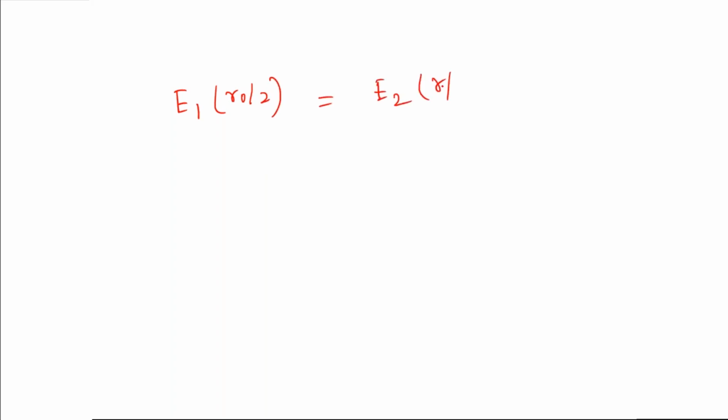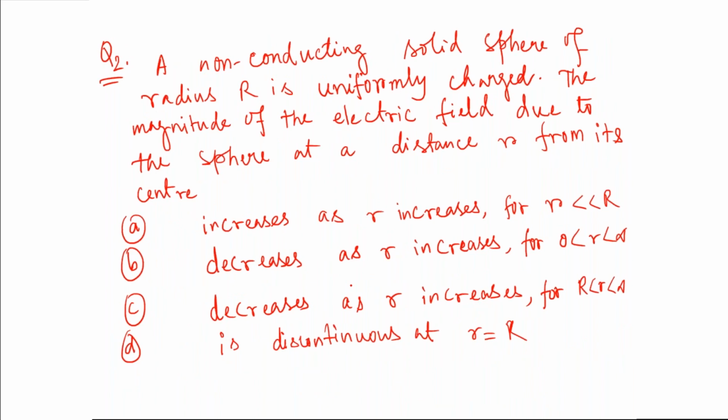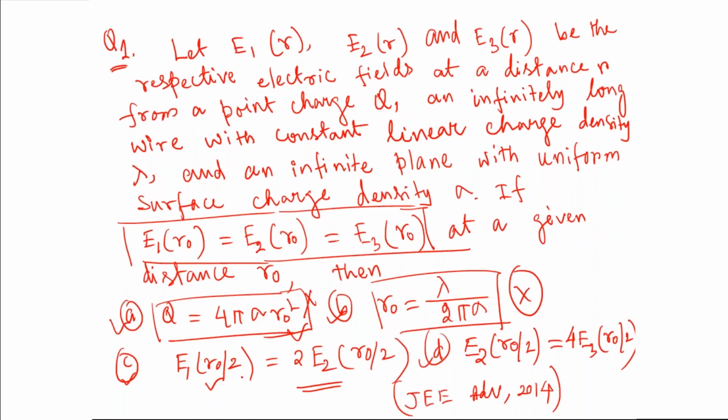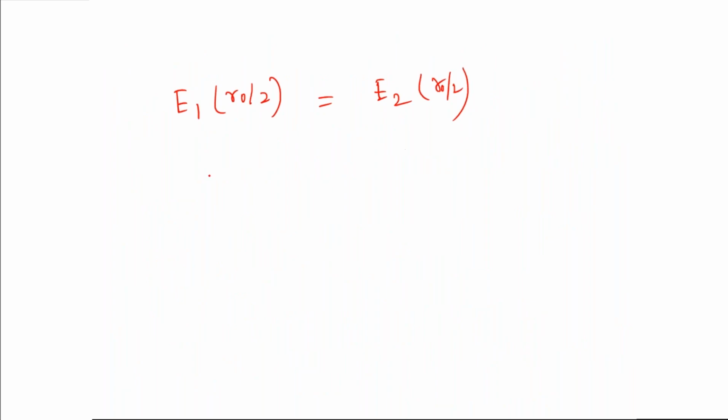As I said, E1 at R0 by 2 is actually 4 E1 at R0. Again, I'll write the expression for E2 at R0 by 2. E2 means 2 lambda by 2 pi epsilon naught R0. This was the expression.